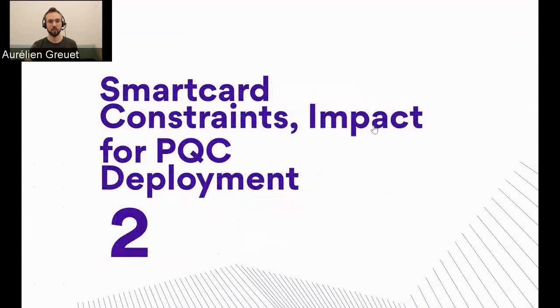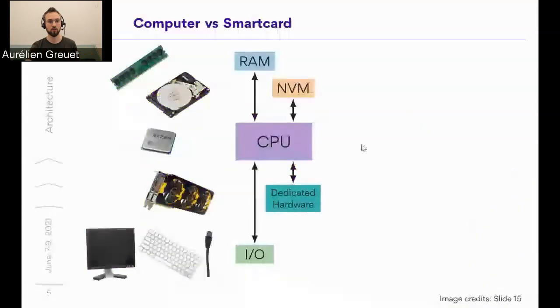So in the following slides, I will describe some constraints specific to smart cards and their impact for the transition to post-quantum crypto. So first, what is the architecture of a smart card? At high level, it's very similar to a desktop computer or a laptop. So there are two kinds of memories. The non-volatile memory, like a hard drive or an SSD.